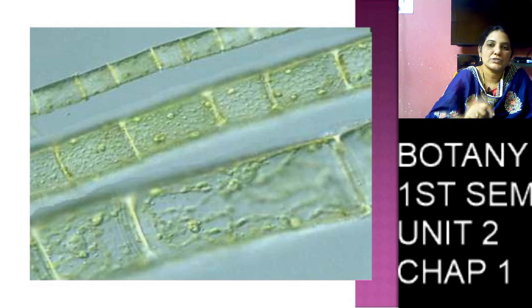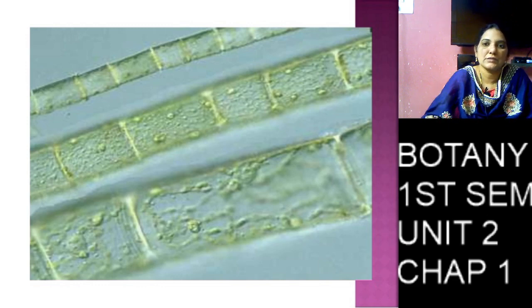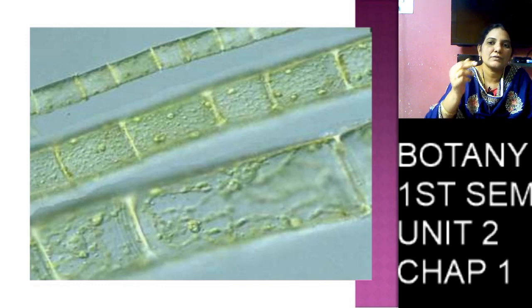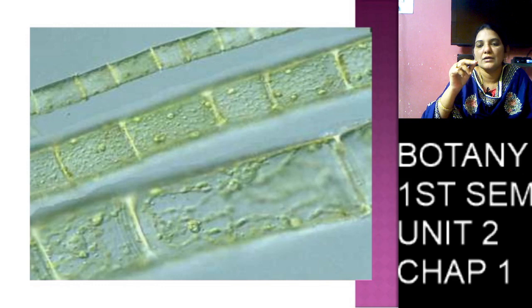The first stage is the nucleus coming to the middle of the cell. Then the cell wall forms a round, thickened ring-like structure.